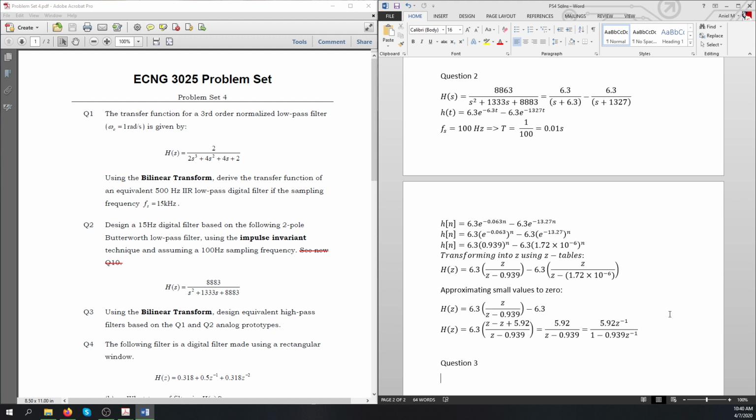So, any particular questions on question 2 at this point? Yes, Z tables are provided to you in the exam.